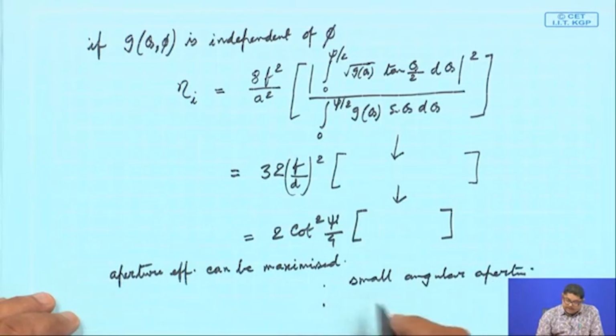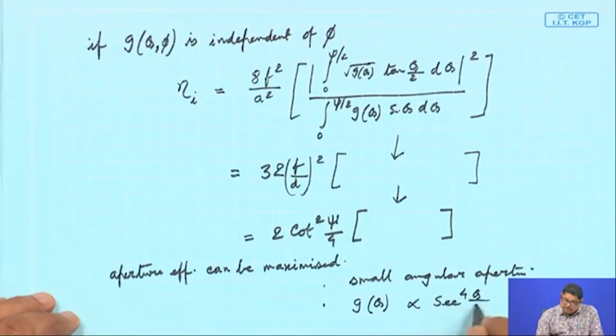and previously we have seen that if we take the feed power pattern G proportional to sec to the power 4 of theta by 2, then also we can maximize.